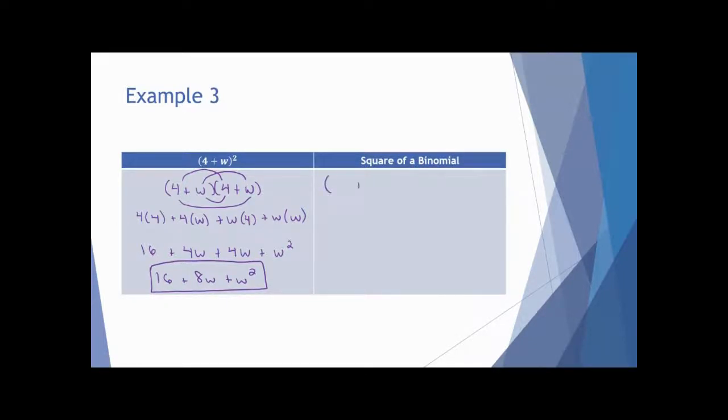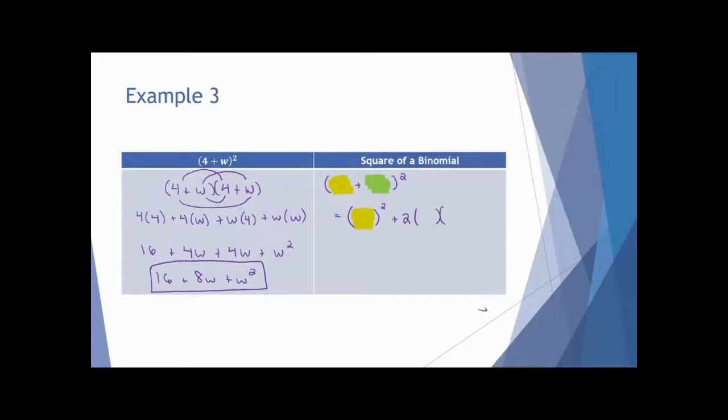If we're going to look at the pattern, I'm going to make my first term yellow, the last one green. The pattern is that you get the first one squared. That's a common pattern for all of these. And in this case, we end up with plus 2, instead of a minus 2, because now it's a positive in there.